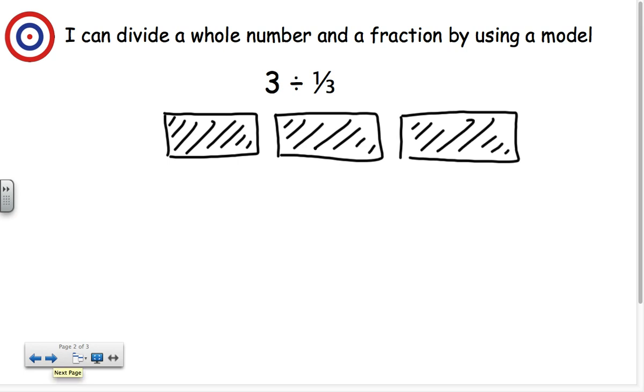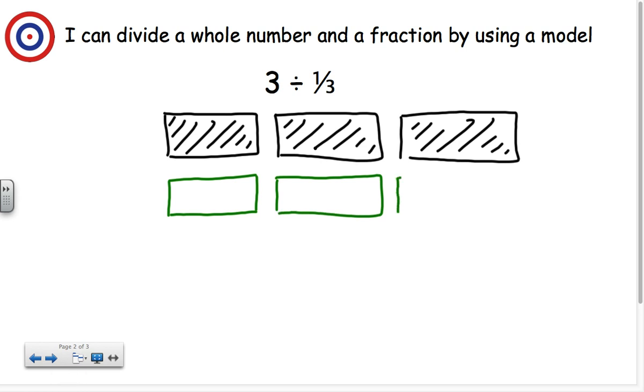So I've gone ahead and I've made my 3 whole amounts. And now right underneath, I'm going to keep my whole amounts the same size, and I'm going to divide these up into thirds. As you can see, I'm going to just eyeball it and do the best I can with doing thirds.